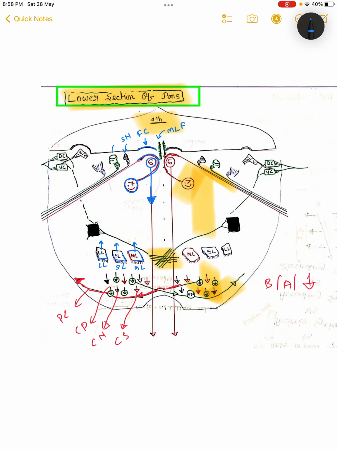Let's say this nucleus is our tractus solitarius, which is responsible for taste, giving some fibers to the facial nerve. Let's say this nucleus is our salivatory nucleus or lacrimal nucleus, which is doing salivation or lacrimation, giving some fibers to the facial nerve. Now you see this whole fiber is our facial nerve. Okay, if you are comfortable with this, let's move forward.